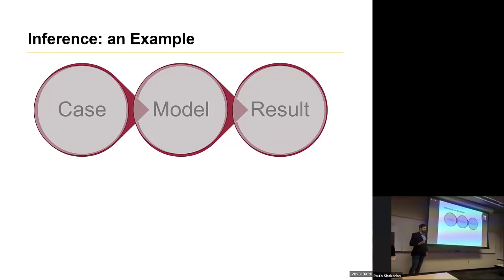In order to understand abduction, a nice way to think about it is how it compares with induction and deduction. We set this up in a way where you have a case, your base facts, then the model, and then the result. A real simple example is x plus y equals z.